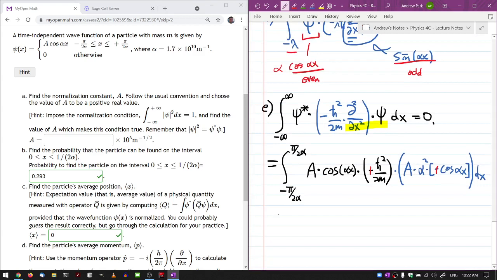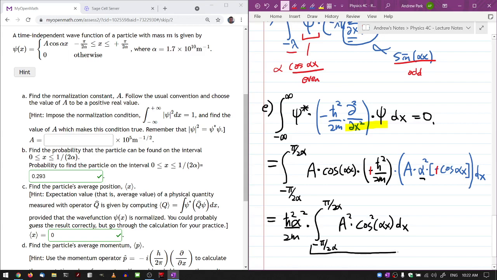I'm going to factor out h bar squared over 2m, and let me factor out alpha squared, and the rest I'm just going to leave not factored out, because it's one place where I can identify the functional form and identify something we've done before. So the remaining terms are A squared times cosine squared alpha x, dx.